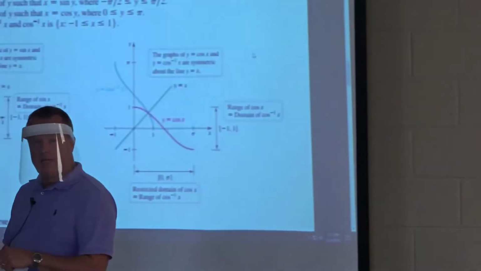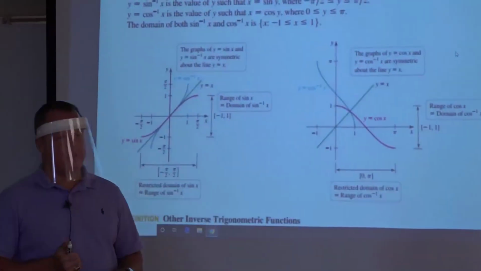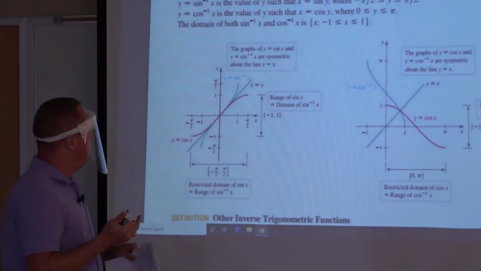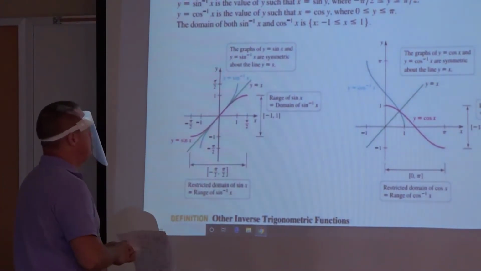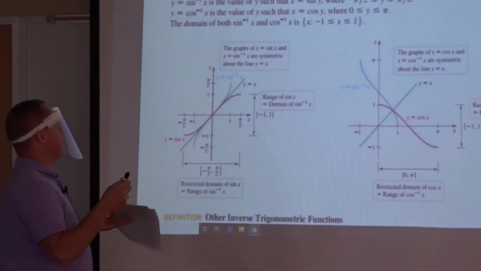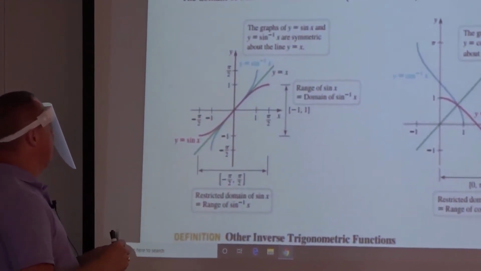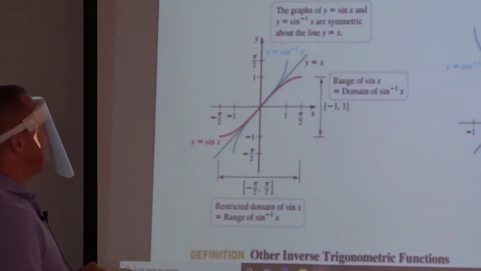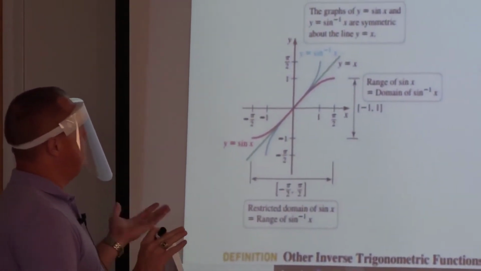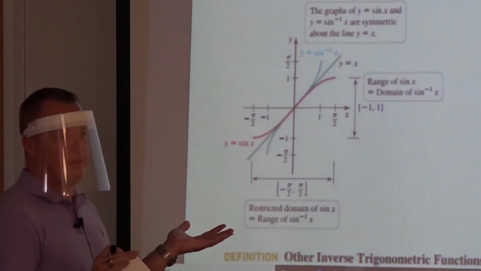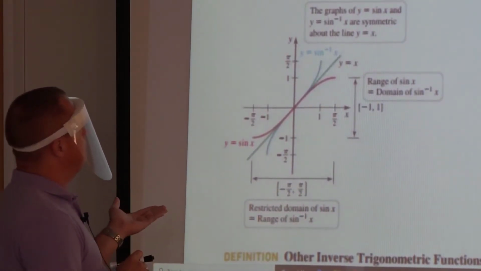We restrict the domain. So we have to restrict it to where we can have an inverse function, and it's really just defined the way it is. Somebody just defined it a certain way.